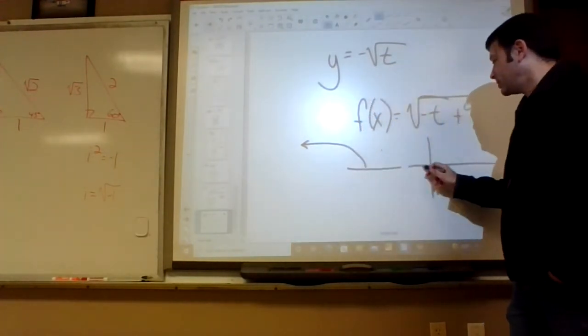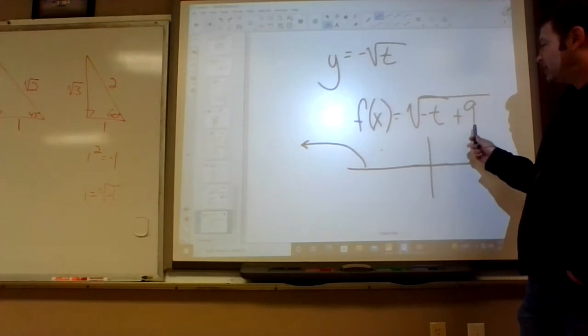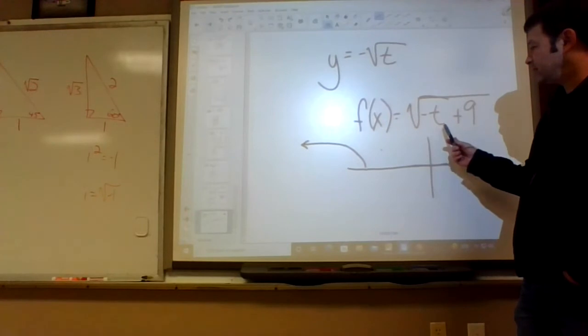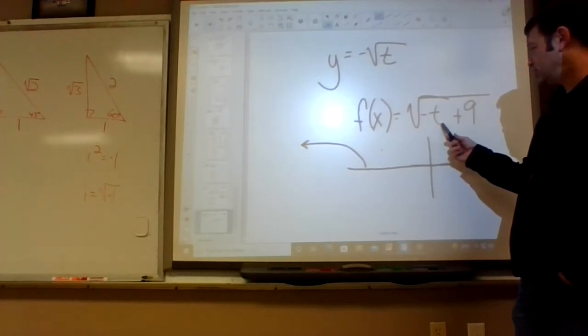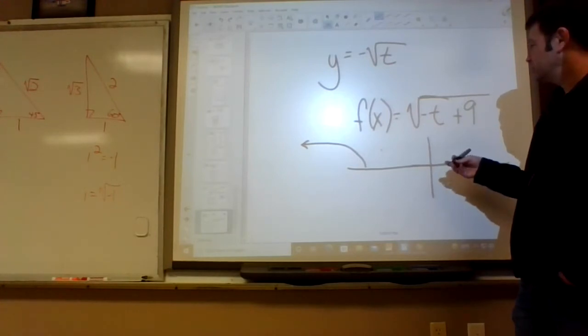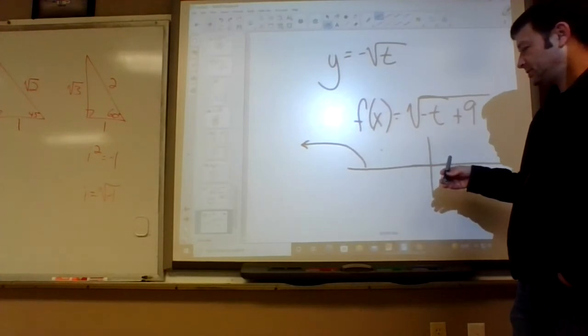Why does it move left 9? Because if I try to plug in a negative 8, no, hold on. Plug in 9. Oh, I should have pushed it left 9 first and then flipped it.